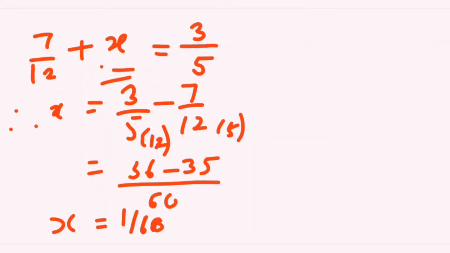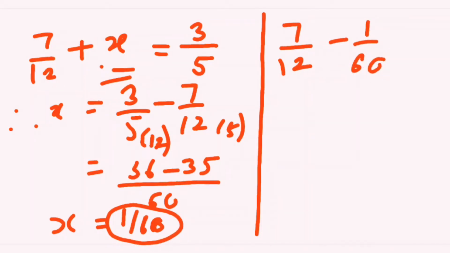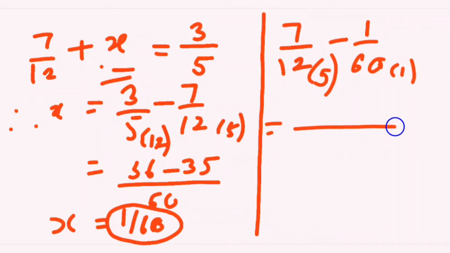Now we have to find the difference between the two fractions. One fraction is 7 by 12 and the other fraction is 1 by 60. The LCM is 60. So here the denominator and numerator will be multiplied by 5 and here by 1 to make the denominator 60.